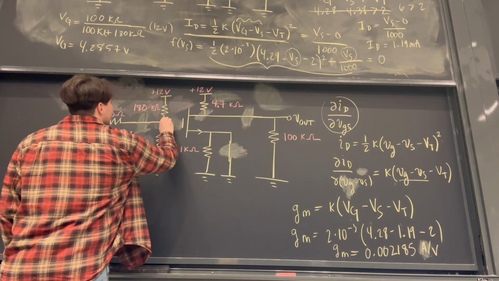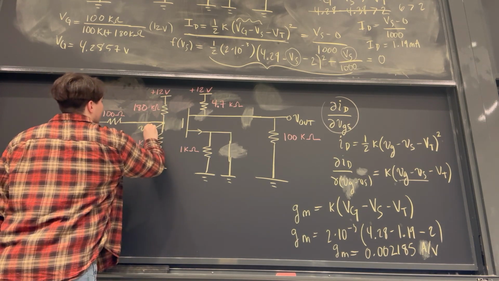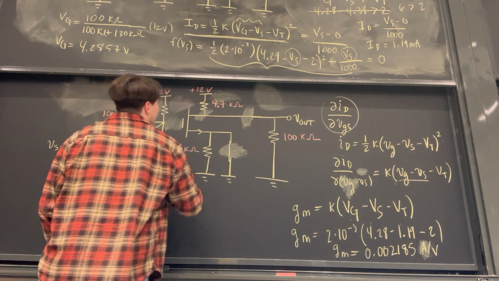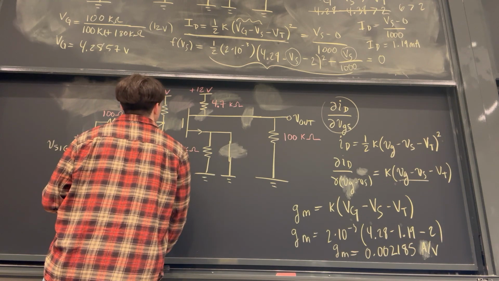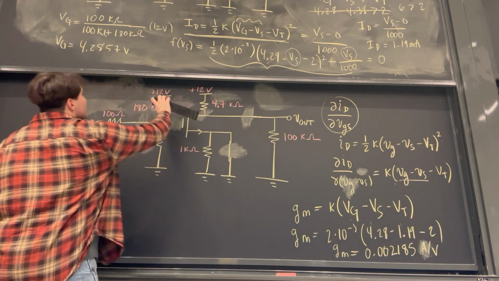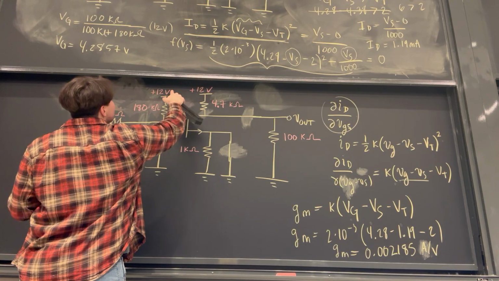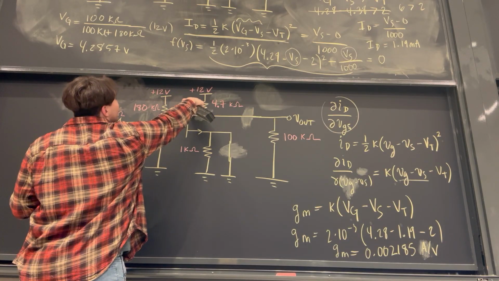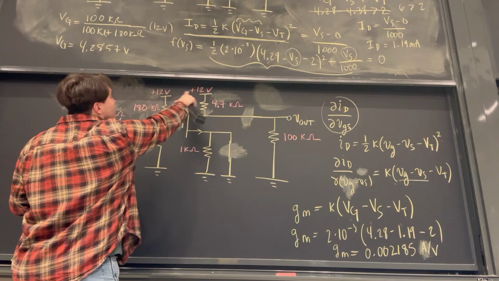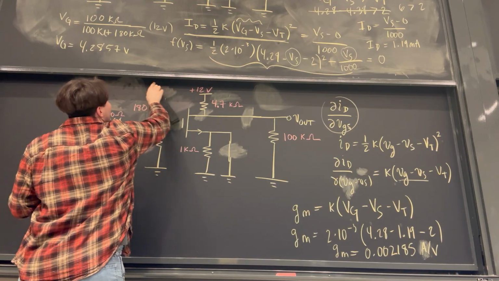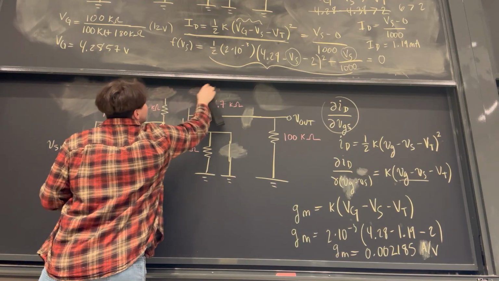So this is VG. And then the last thing I want to do is also get rid of the DC elements of the circuit. So these direct current 12 volt sources up here, I don't care about those in the AC regime of this circuit.